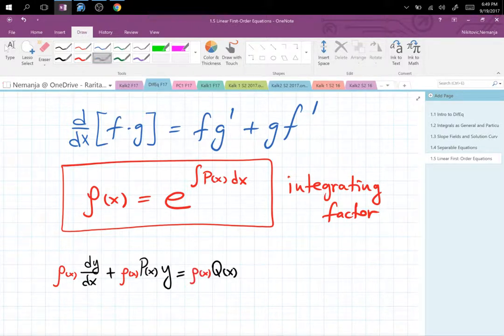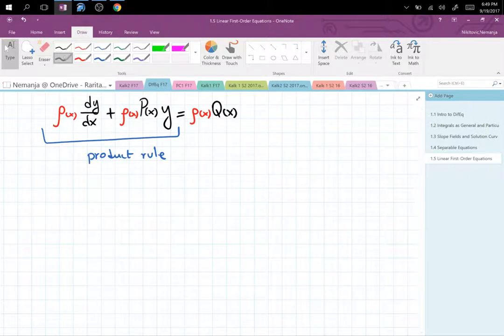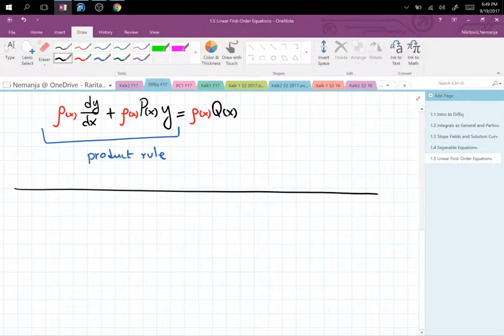And once you have that, this part over here will be a product rule, which we can compress. So that will be the product rule right there. As with everything in differential equations, these are procedures most of the time. Let's work on the example and figure things out.